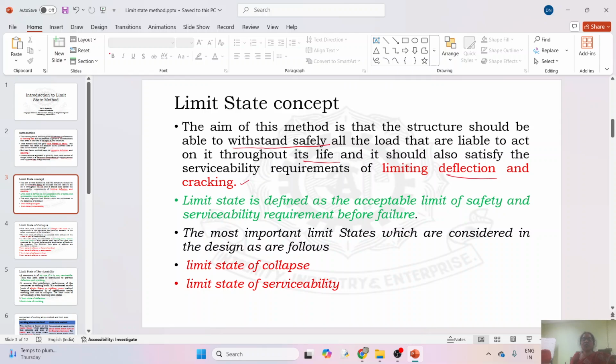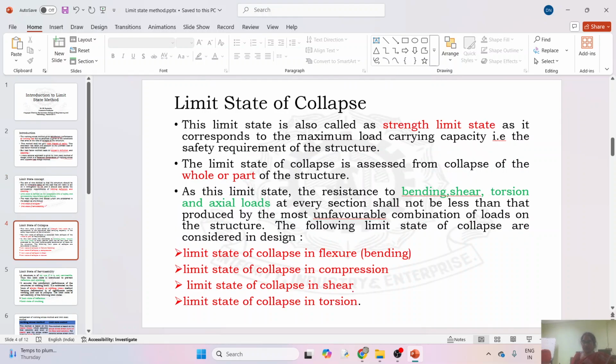The most important limit states which are considered in the design are as follows: limit state of collapse and limit state of serviceability. First one, limit state of collapse. This limit state is also called the strength limit state because we consider the maximum load carrying capacity of the structure.